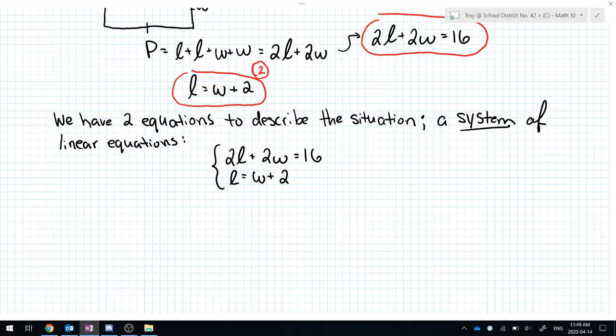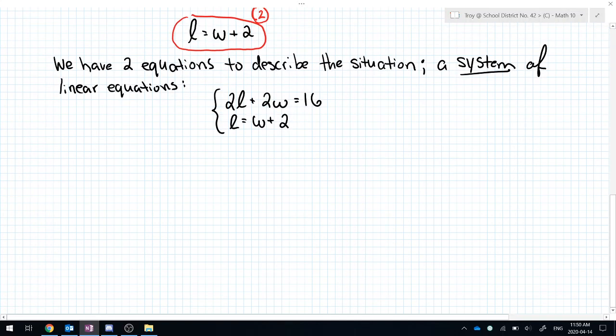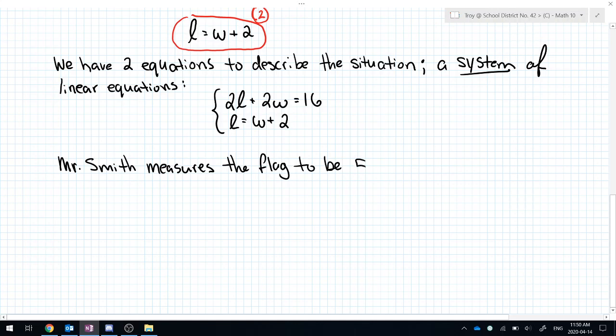So what we're going to do now is talk about a solution to this system. So we'll say I measure the flag to be 5 meters by 3 meters. So a length of 5 and a width of 3.